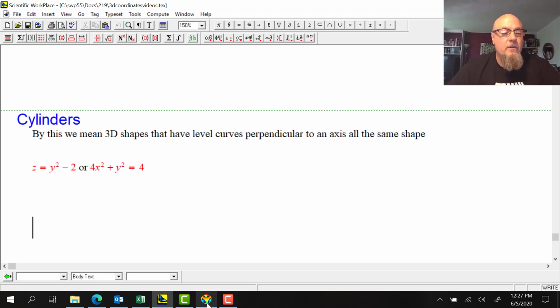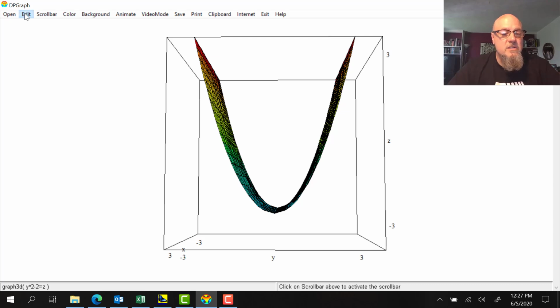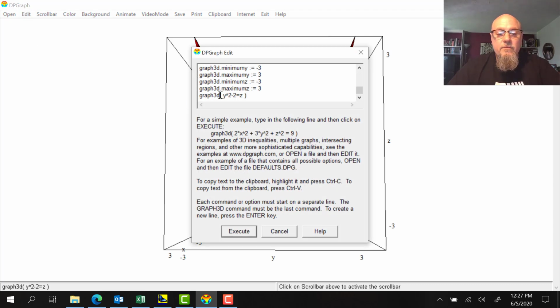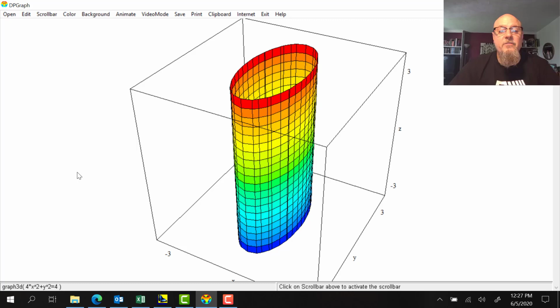Let's take a look at this. I'm going to change this one. That's going to be 4x squared plus y squared equals 4. There. That's a cylinder.